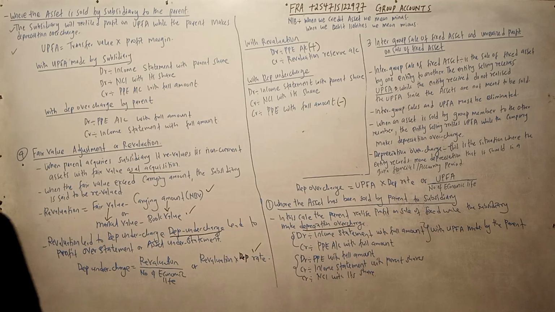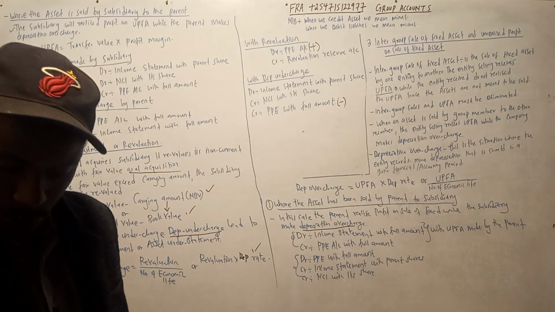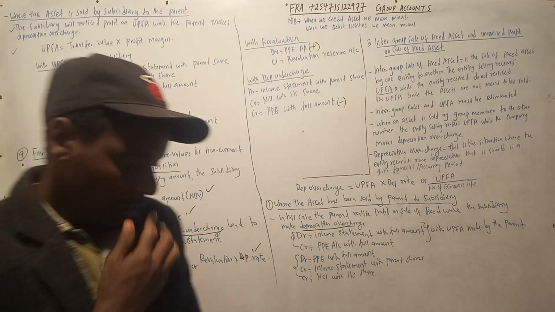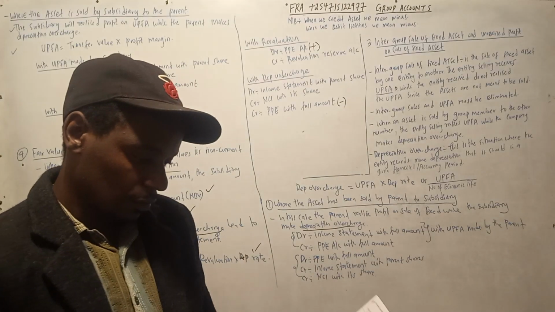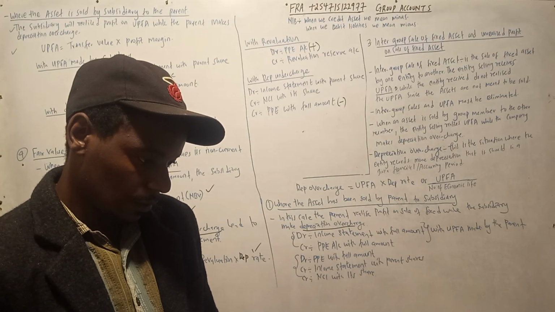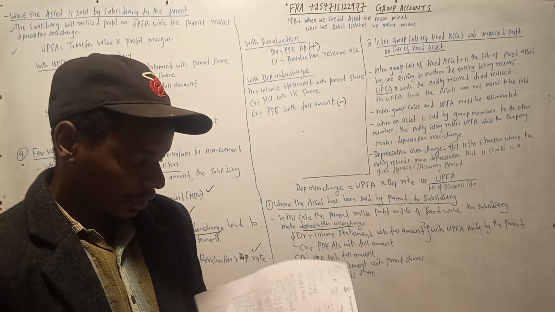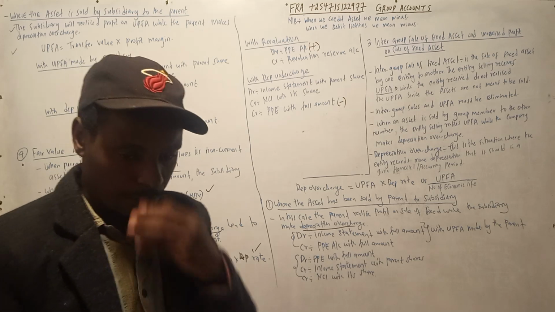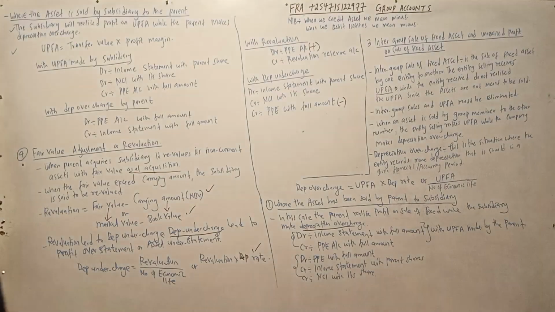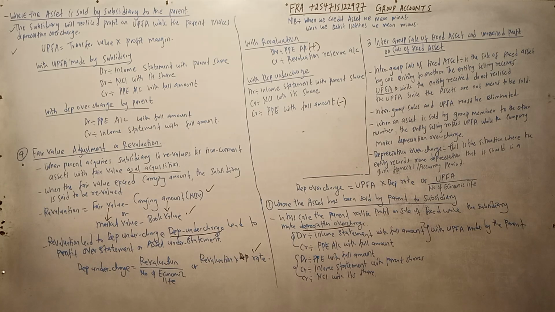So when we meet in our next class, we shall meet to do a question. Or maybe I can find another class first before we do a question, and we explain all the other items. But for now, let us try and do the computation of goodwill. I think that one will be important.